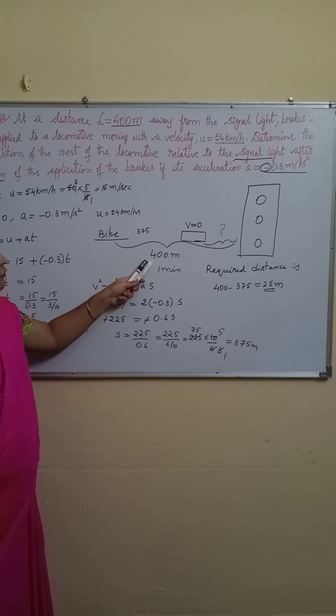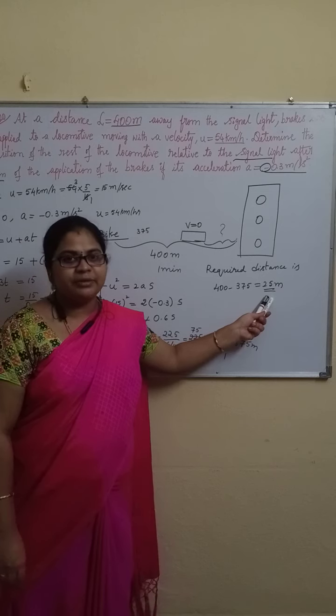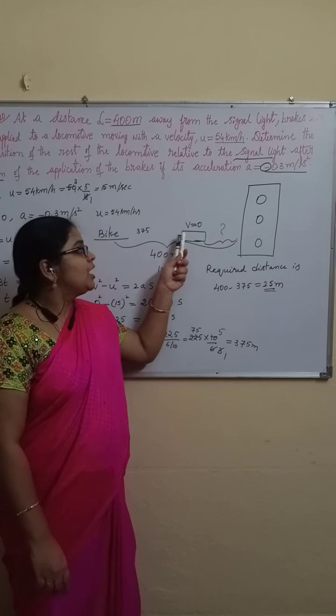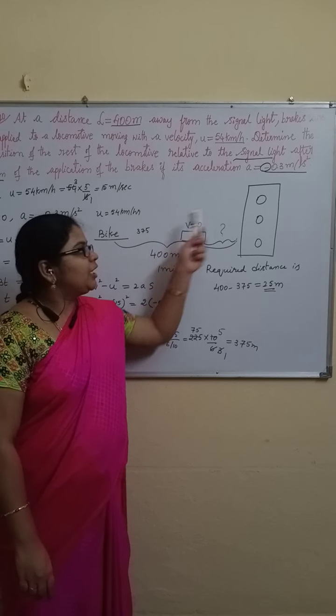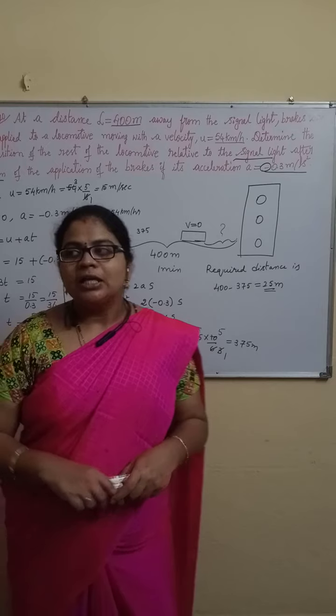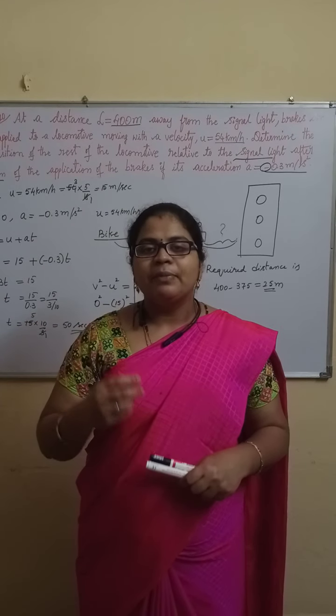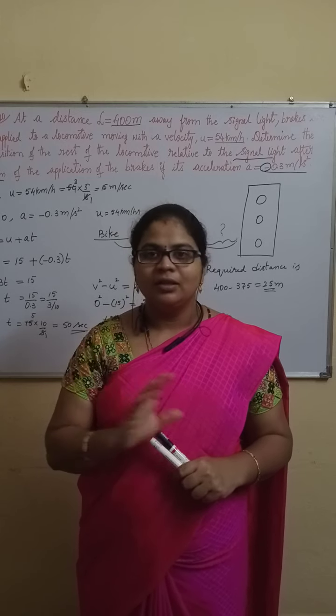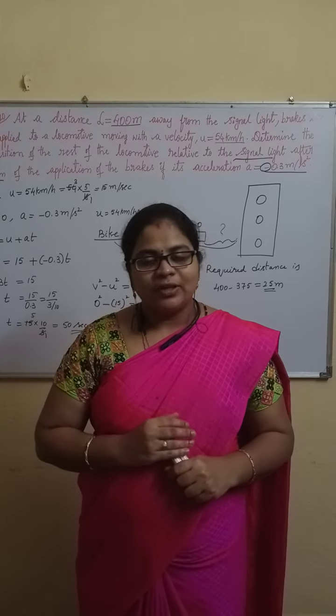When you subtract from 400, you will get 25 meters. So that is the position of the locomotive at rest relative to the signal light. I hope everyone understands. This problem is a little bit difficult, but everyone should practice 4 to 5 times. Then you will get it. Okay? Thank you.